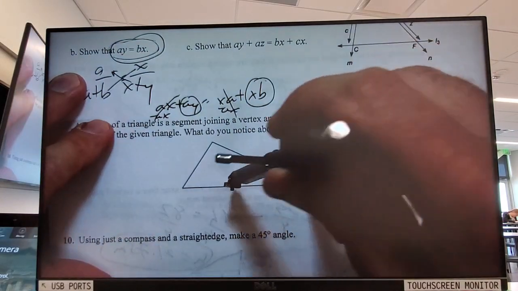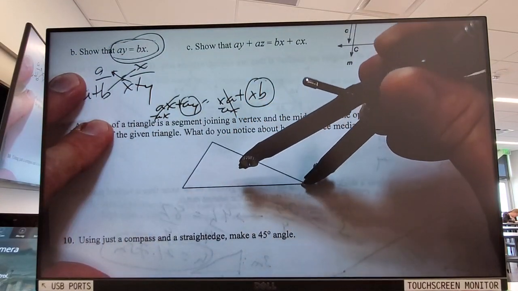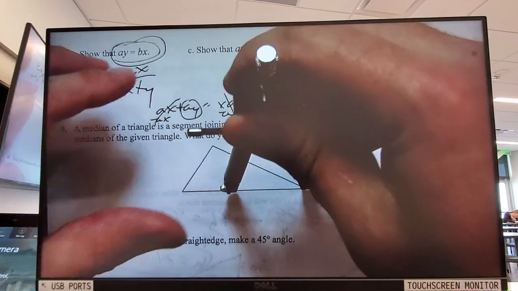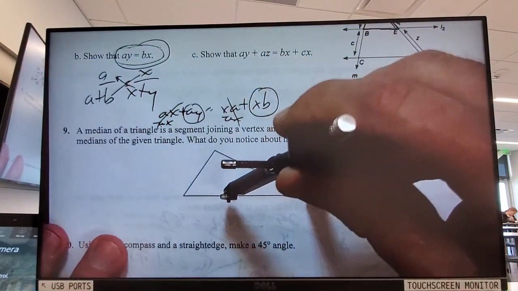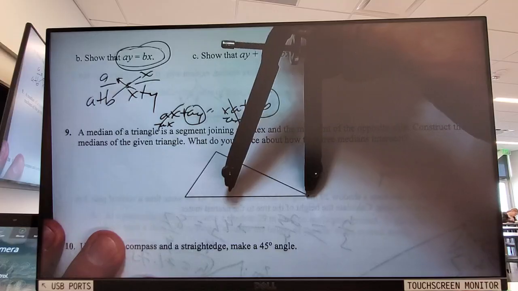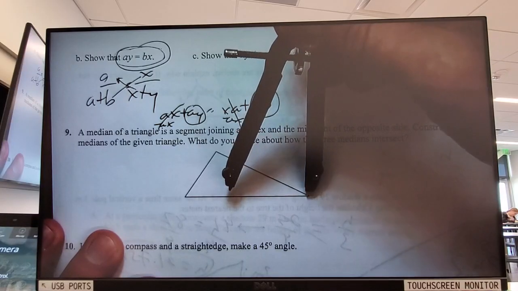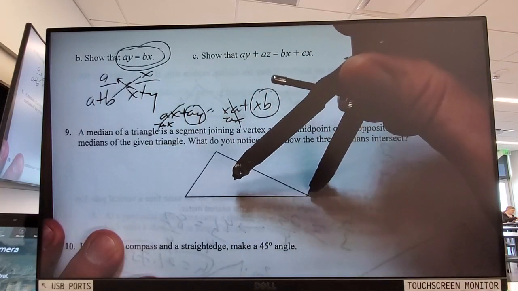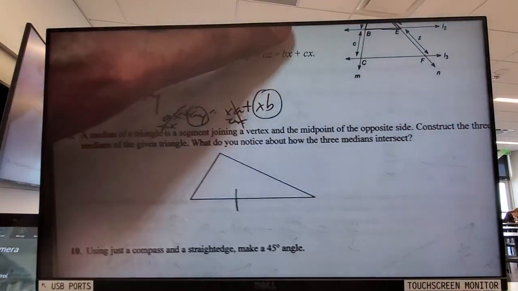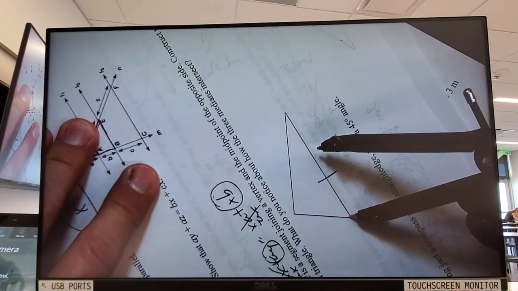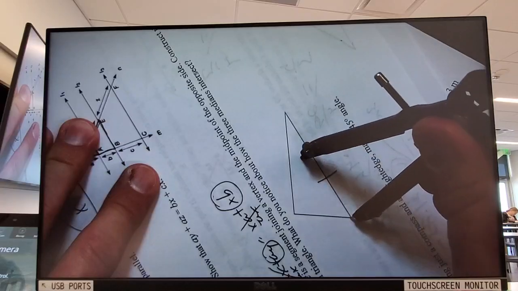So if I do this bottom one, you have to open your compass a little more than half as long as the line segment. Put the point at one end, make an arc there. Put the point at the other end, same opening, make an arc there.